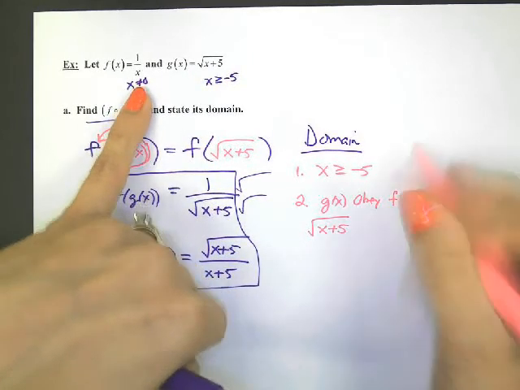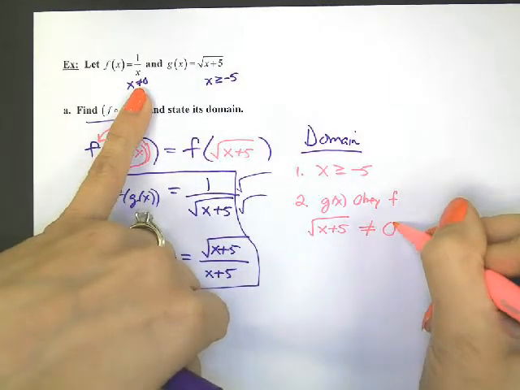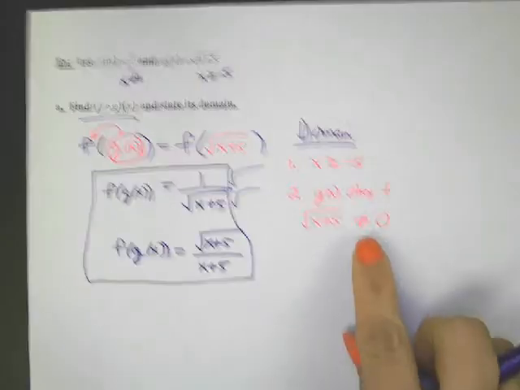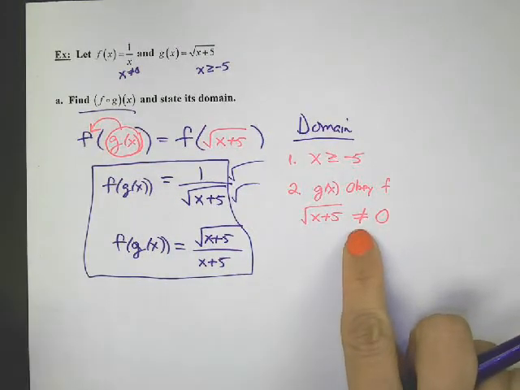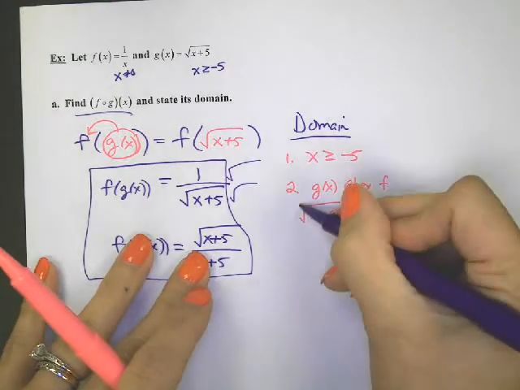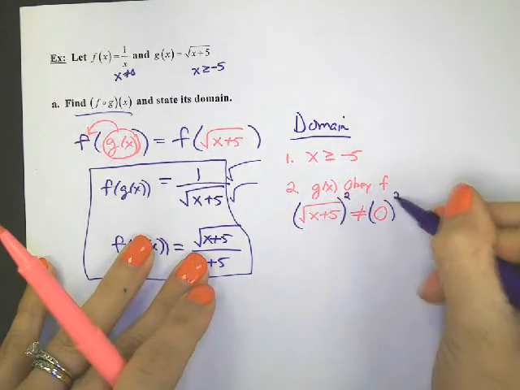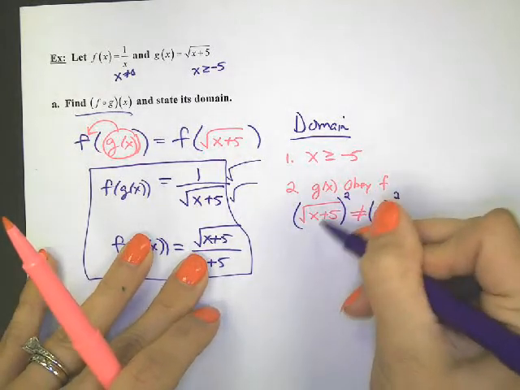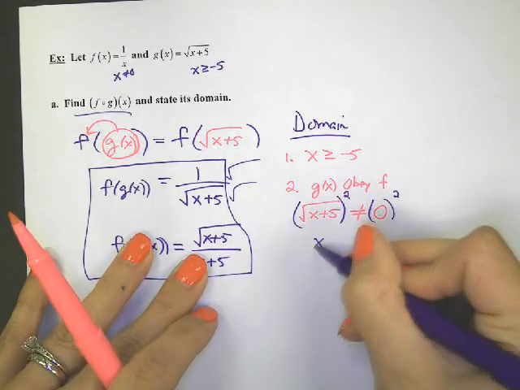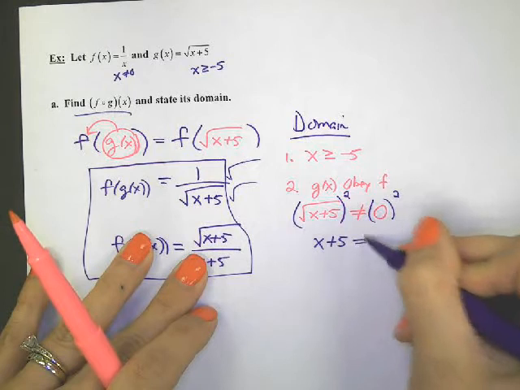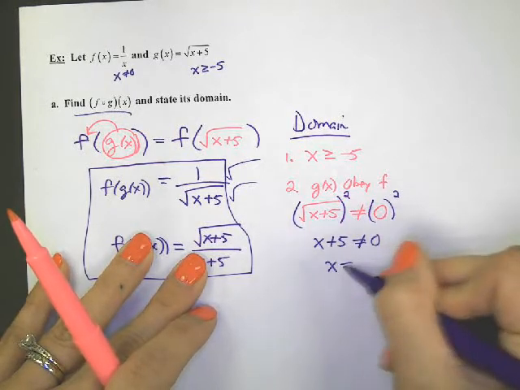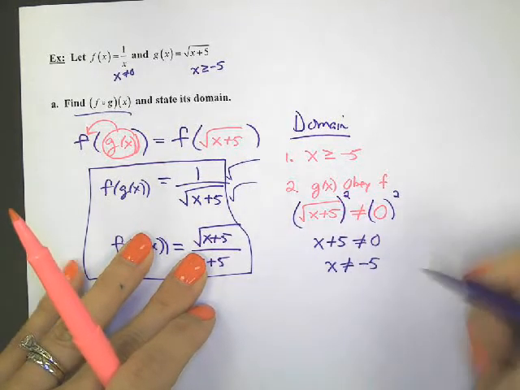Yes, he says do not equal 0. Since this is not equal, and equal and not equal have the same rules, you're allowed to square both sides. Put big parentheses. The entire radical squared is just the quantity x plus 5, not equal to 0. x cannot equal negative 5.